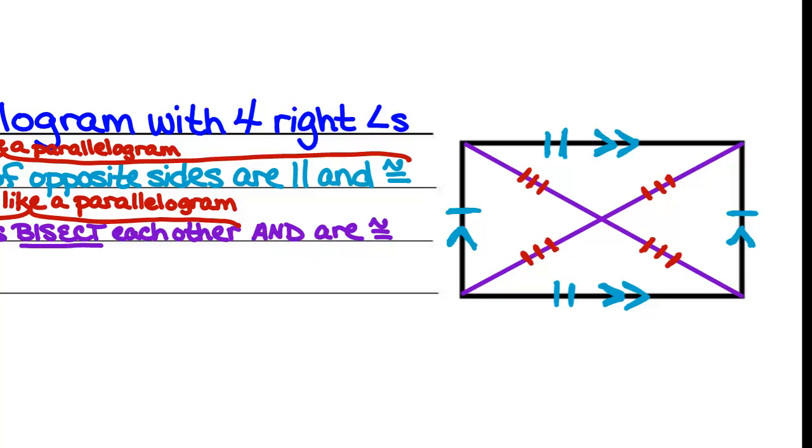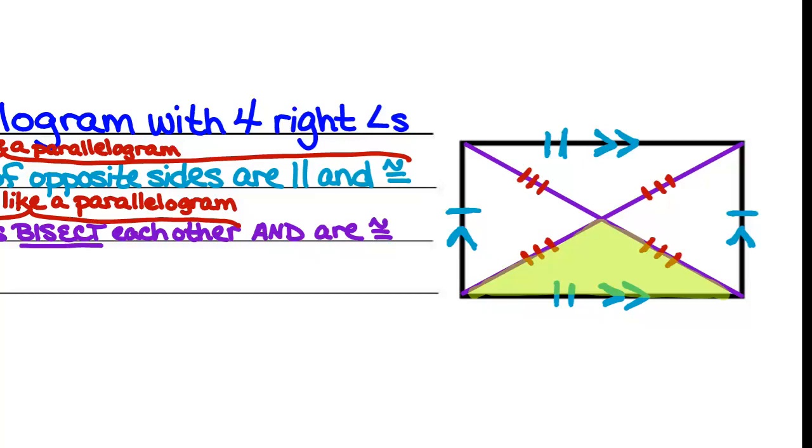I want you guys to look carefully now at one of the little triangles that has been formed inside my rectangle. I'm going to look at the bottom one, but we could look at any of the little triangles in here. What type of triangle has been formed by those two half diagonals and the bottom of the rectangle?